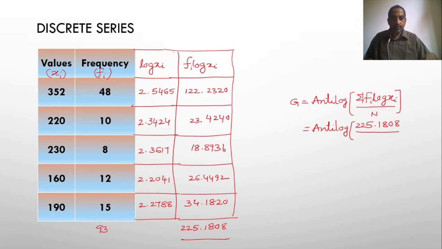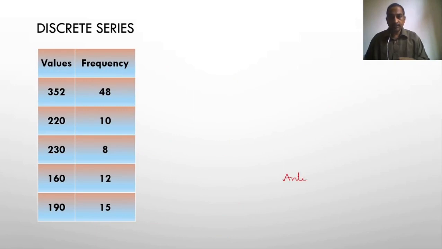So this is anti-log of 2.4134. The anti-log of 0.4134 is 2638. So this is 2 point, that's why after 3 digits you put a decimal point. So the geometric mean for this discrete series is 263.8.